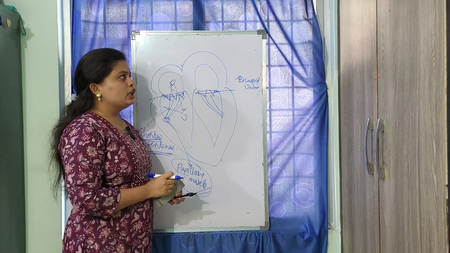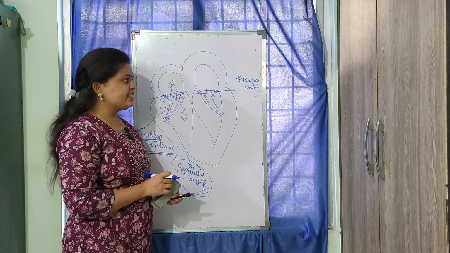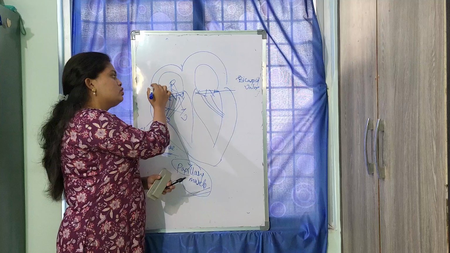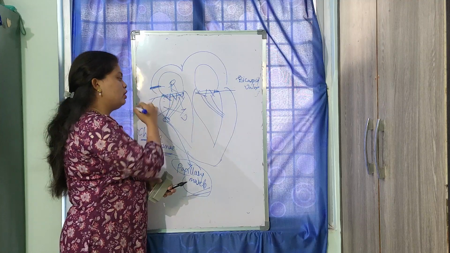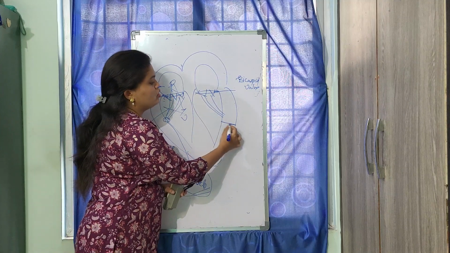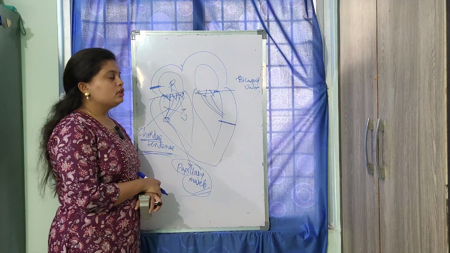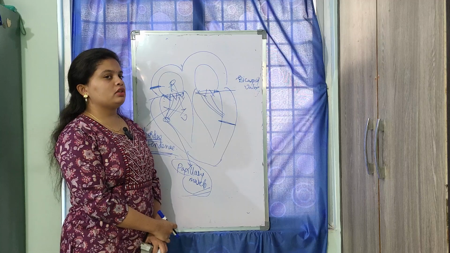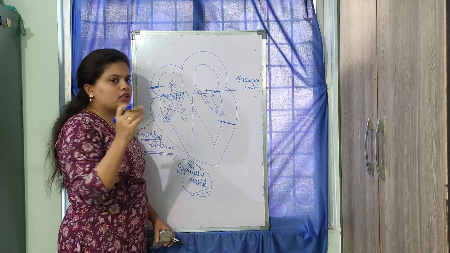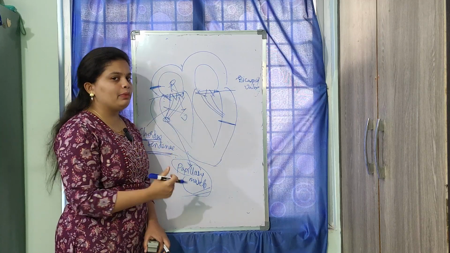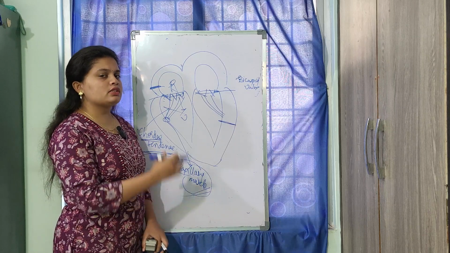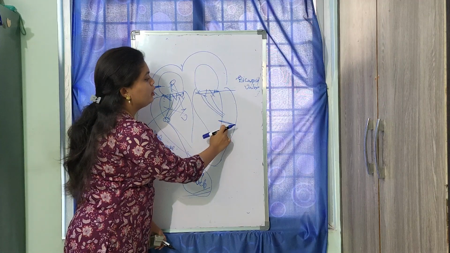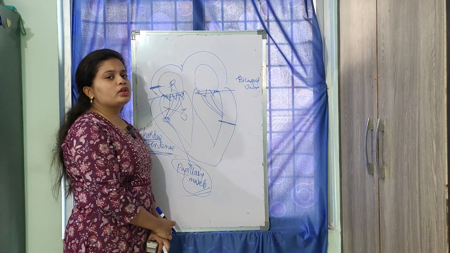One more thing you need to notice is that whenever we draw a heart, the walls of the atrium are thinner when you compare them with the walls of the ventricle. Why is that? The only function of the atrium is receiving blood. It is not doing any work, it is just receiving the blood. The ventricle is doing a lot of work.